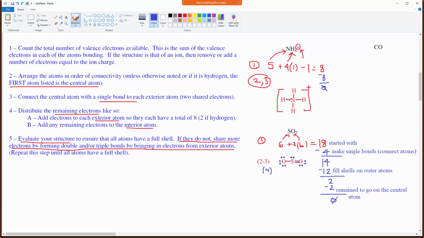Because even though he's sharing more, he still gets to pretend like he owns those, right? He still gets to say, I've got all 8 of those. Now, 2 sets that are unbonded for 4 electrons and 2 sets that are bonded for 4 electrons. So he's still got 8. And now the sulfur in the middle, having 3 bonds and 1 unbonded pair, has 8. Can you guys see that?